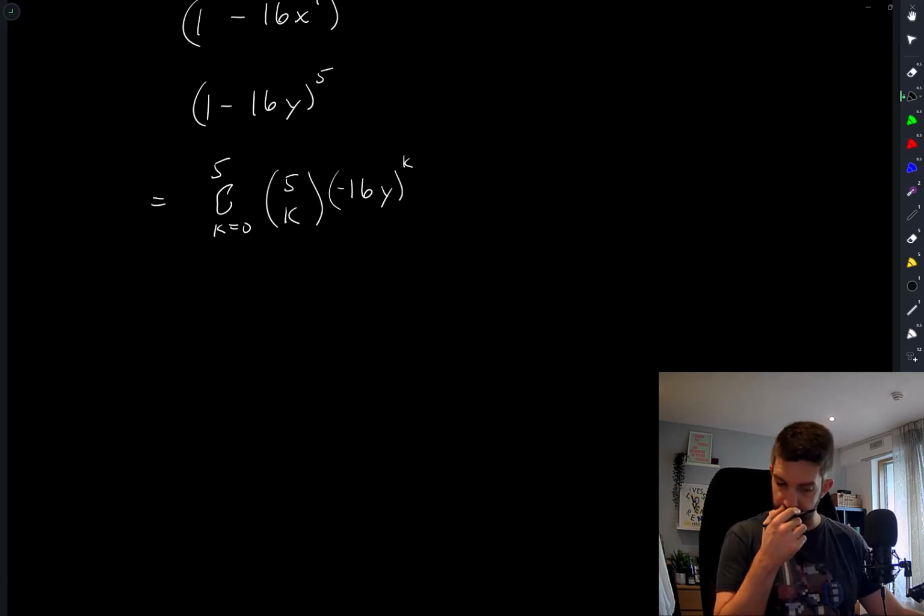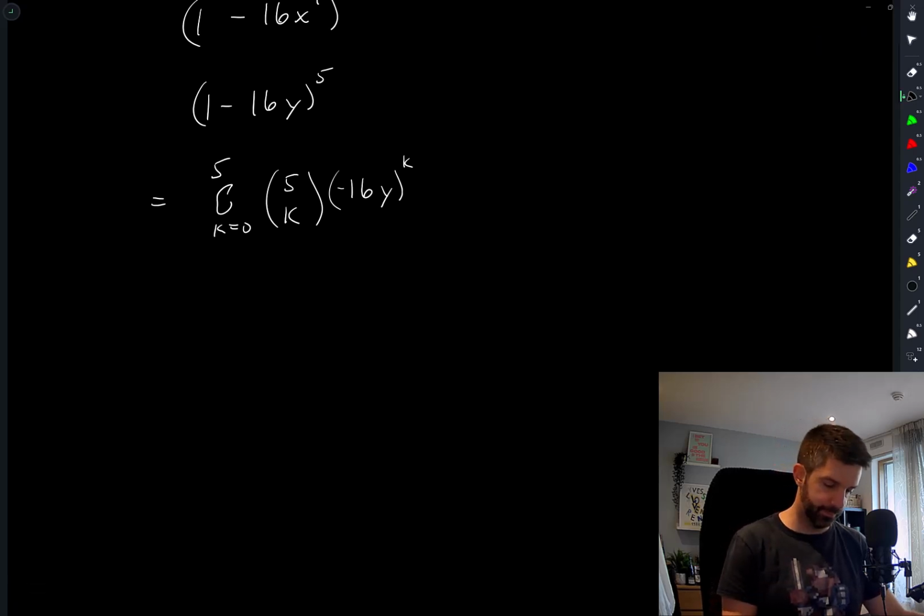So when k is equal to 3, I have 5 choose 3 times 16 cubed with a negative sign.